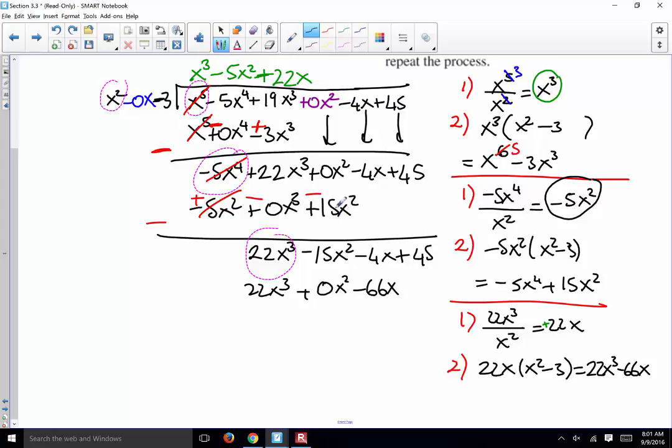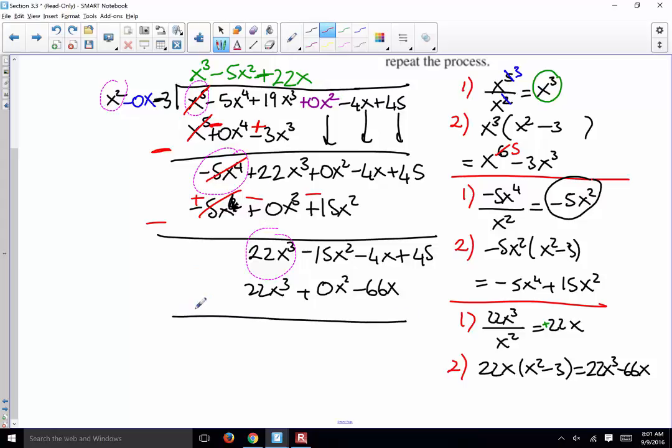What's this? Oh, this is x to the fourth, right? Okay. I was confused, 2x squared there, right? Alright. Any questions so far?